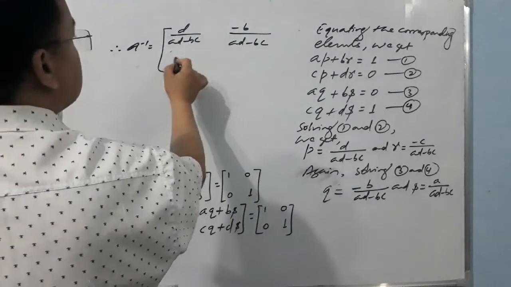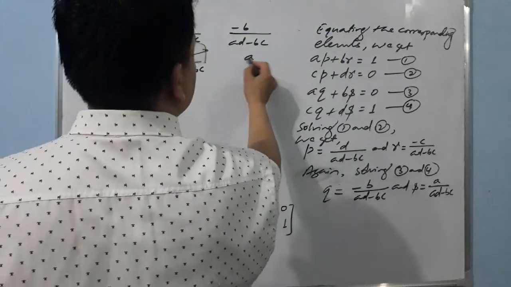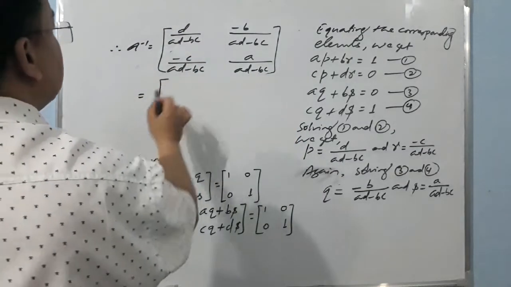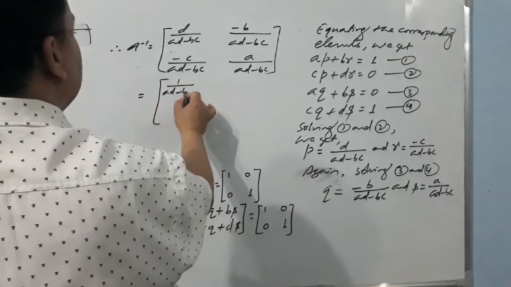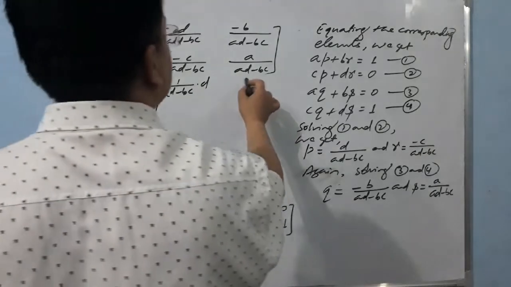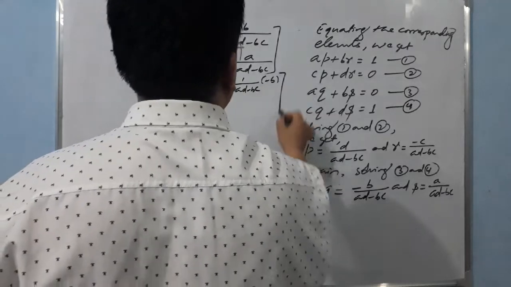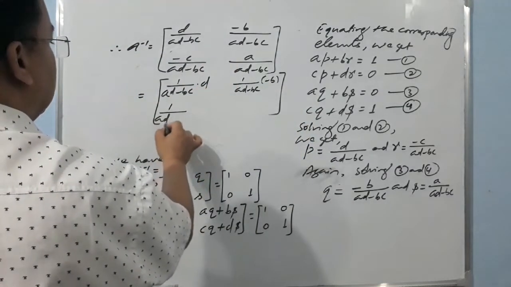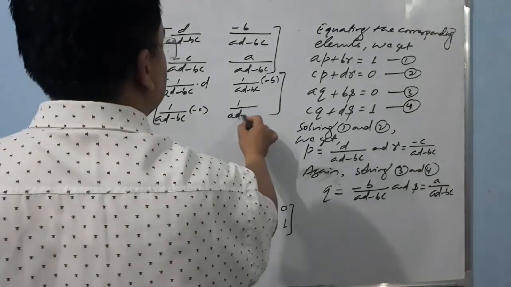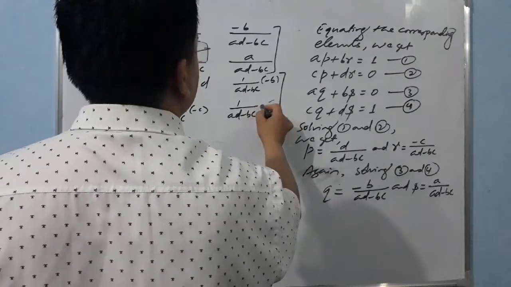R here is minus C upon AD minus BC, and S here is A upon AD minus BC. Now again I'm writing 1 upon AD minus BC into D, and 1 upon AD minus BC into minus B, 1 upon AD minus BC into minus C, and 1 upon AD minus BC into A.